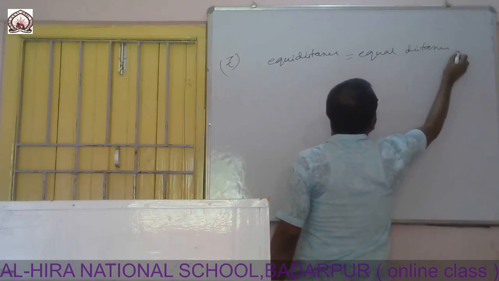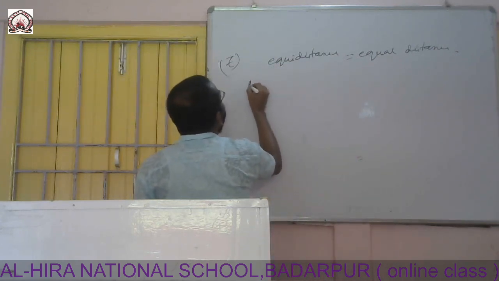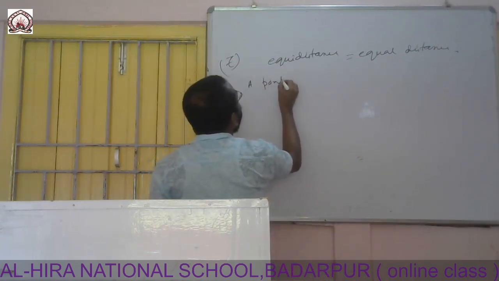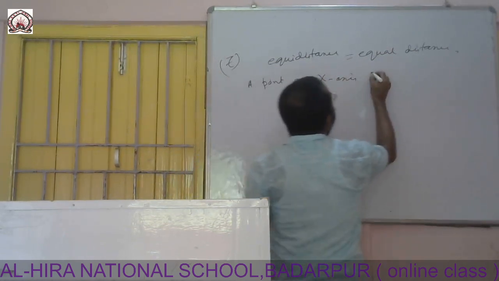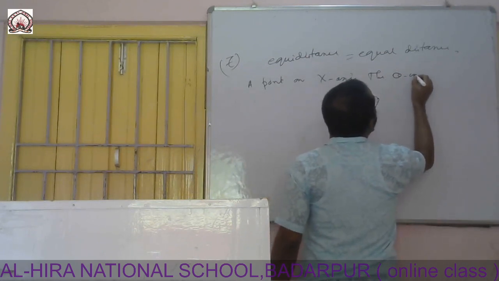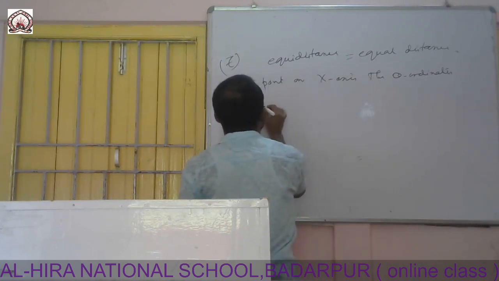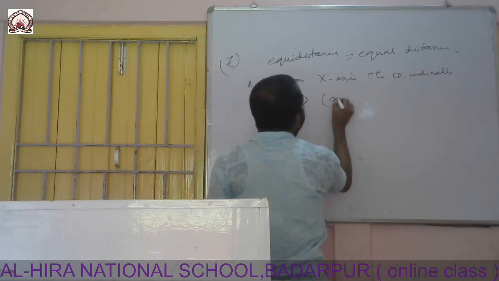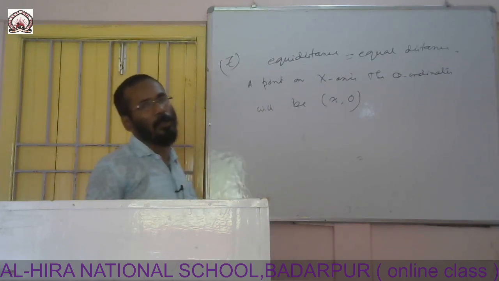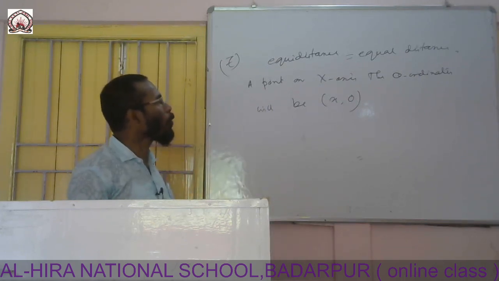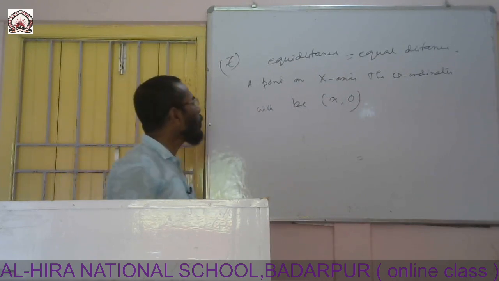And you see here it is written a point on the x axis. For a point on the x axis, the coordinates will be (x, 0), because only the x coordinate is there and there will be no y coordinate, so the y is 0.